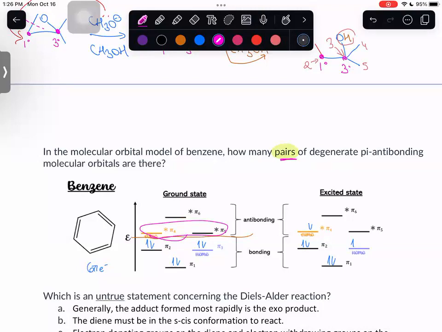So the answer was just 1 in here. That's why I told you guys, read carefully. The first time that I saw this question, I initially thought it was 2, but it was marked 1 and it makes sense. We just have to read those questions carefully. There's 2 orbitals, but it's in pairs, so it's one of them pairs.